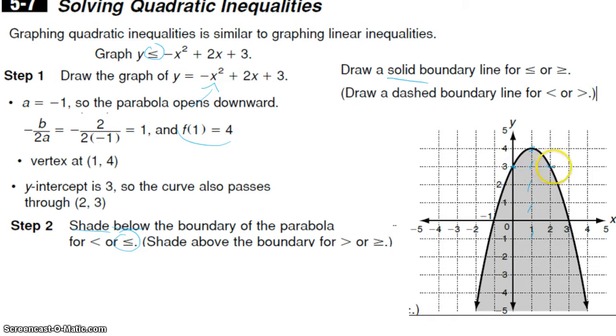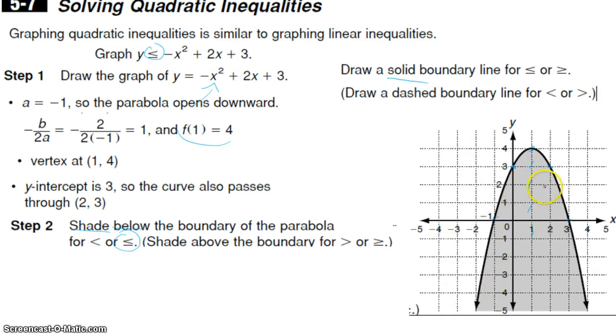And if we bring this out, we find that the roots of our parabola are right here at 3 and negative 1. And so here's our graph. It is solid, remember? And we are shading below. So there's your parabola, y less than or equal to negative x squared plus 2x plus 3.